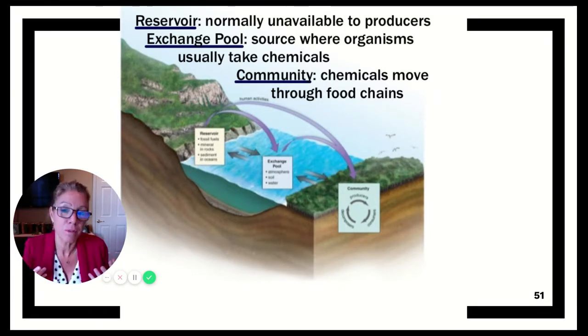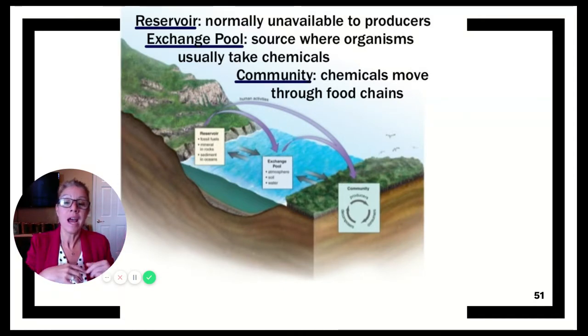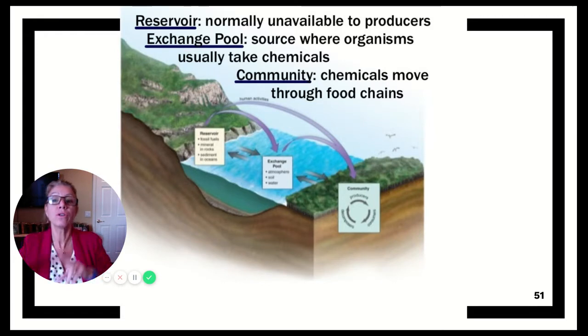So let me start with the community, okay? So the community is that biotic community, those food chains, those food webs. And so you could have a carbon in a living organism, right? And those organisms can move from producers then to consumers, and then decomposers work on the producers and the consumers when they die, and they will return those nutrients, right, to where a producer can access it again.